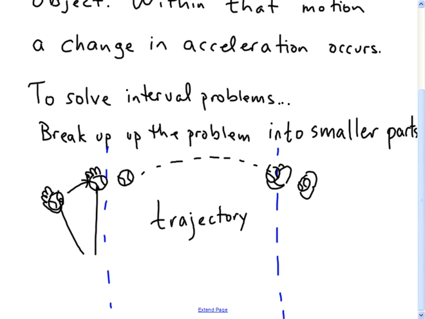So if we wanted to analyze the motion of simply throwing a ball and having someone catch it, something that goes on millions of times per day all over this great country of ours, we would need to break that problem up into the throw, the trajectory, and the catch. Because the acceleration of the ball is different while it's being thrown than while it's in the air, than while it's being caught.